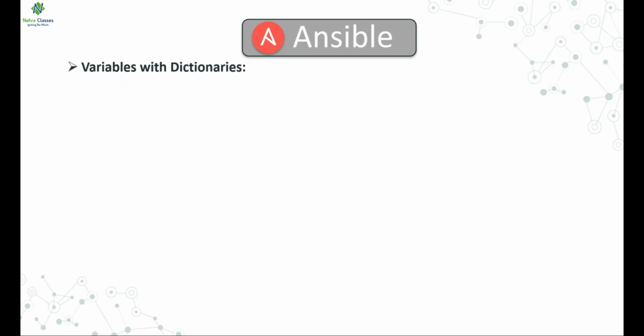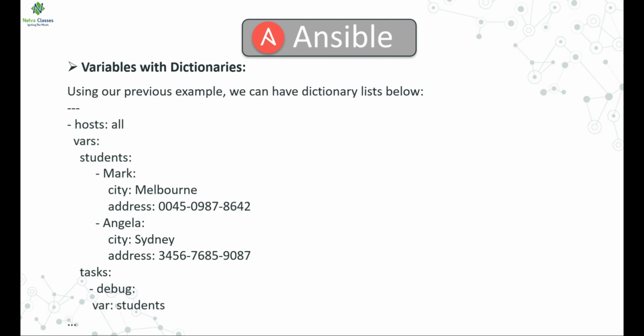You can also use variables with dictionaries. Using our previous example, we can have the dictionary list like this. You can start writing the playbook with 3 dashes. After that you can mention hyphen, space, hosts in the next line, and thereafter giving a space you can mention the group name.